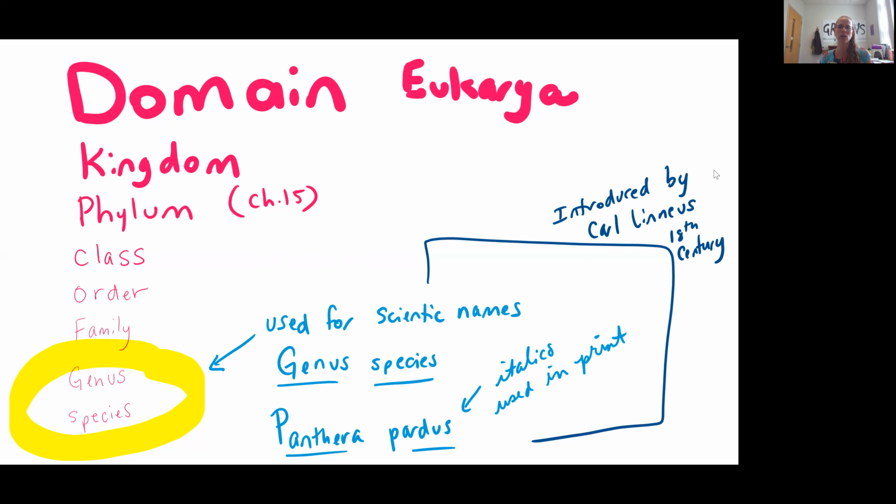Now the significance here is that your genus is indicating groups of species that are very closely related. So the genus classification is the closer relationship, the more separated out group. And then the species, remember, is the most specific.